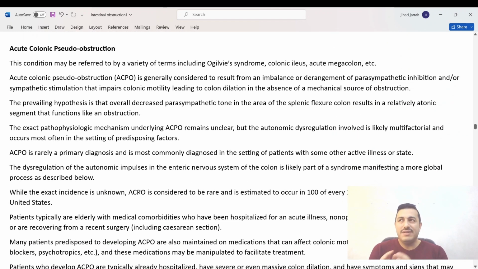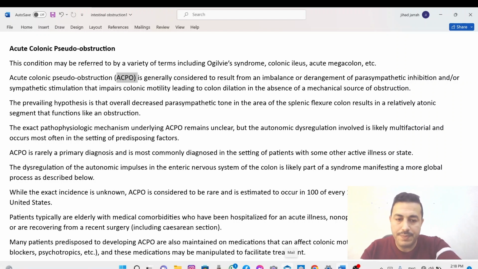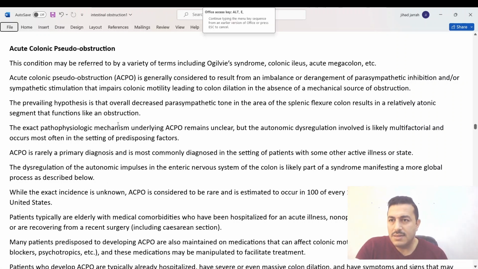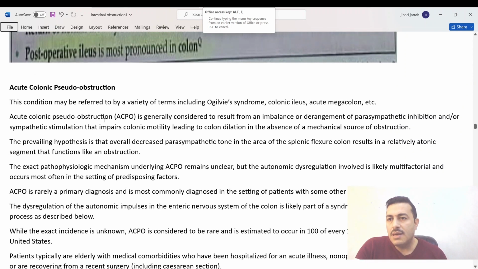A similar entity is what we call acute colonic pseudo-obstruction, abbreviated ACPO. Let us see what we can add about it. It's similar to paralytic ileus. Sometimes acute colonic pseudo-obstruction is called Ogilvie syndrome, or acute colonic ileus.